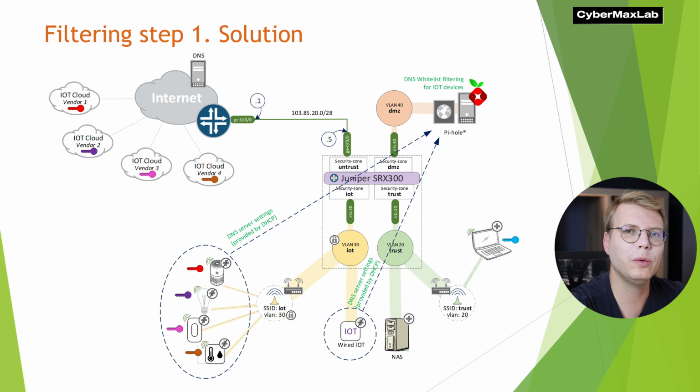And now all our wireless and wired IoT devices go to the Pi-hole for the DNS requests. And if they would like to bypass that and go directly to the internet, we'll explicitly drop it. And then the Pi-hole will be covering the whitelisting approach for the DNS for our IoT devices with detailed logging for the analysis. Doesn't it sound sweet?